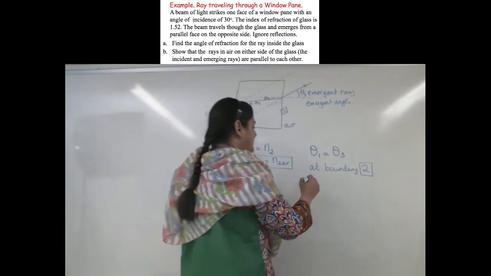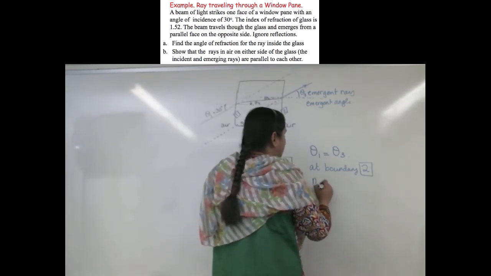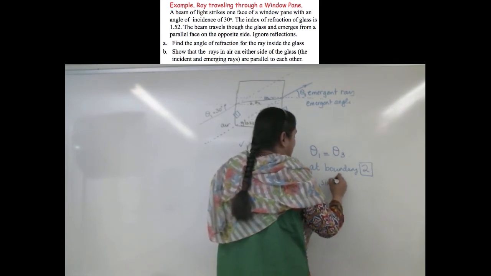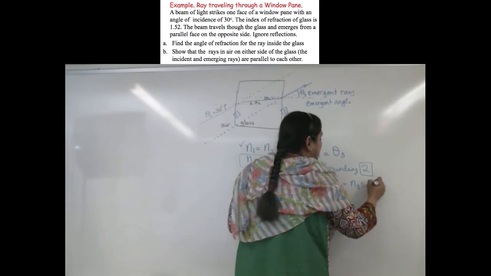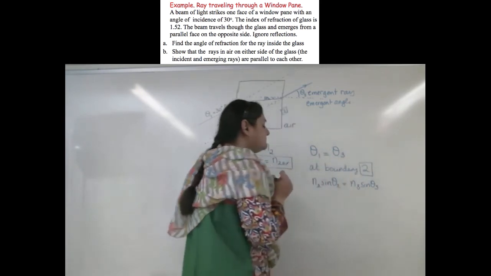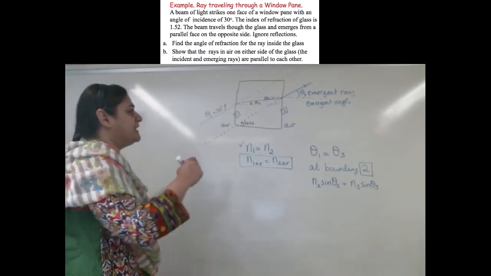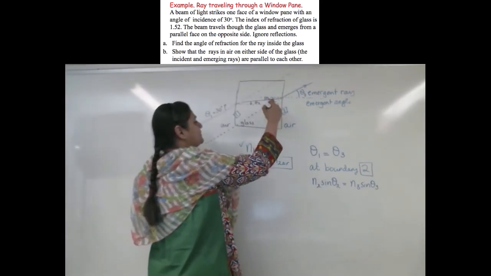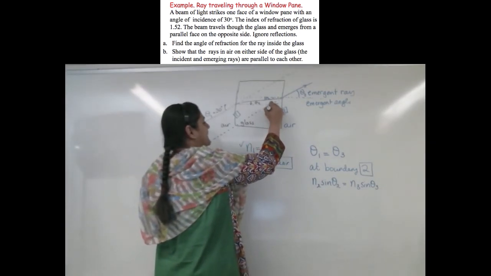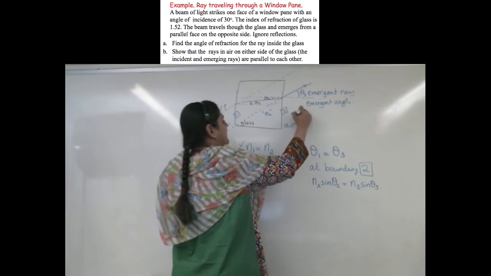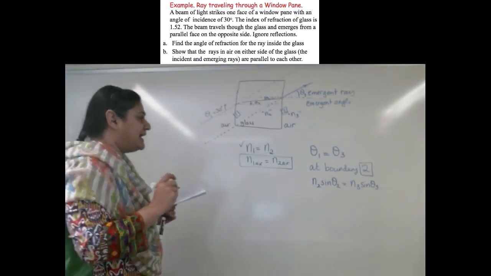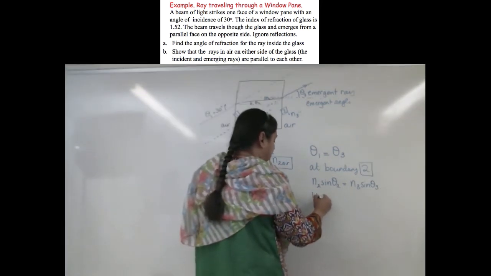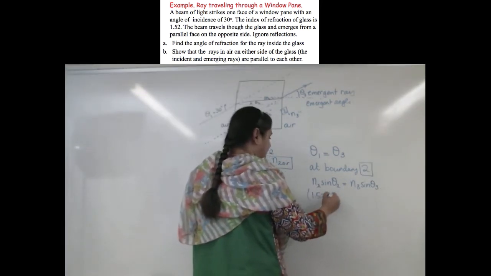Okay? So at boundary 2, N2 sine of theta 2 will equal N3 sine of theta 3. Agreed? This is N2 for glass now, and this is going to be N3 for air now, right? So I know N2 is 1.52.